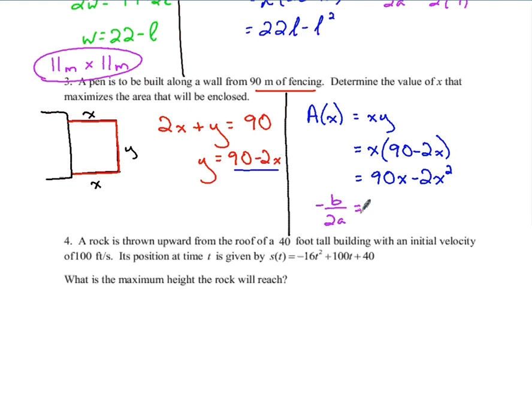So b, that'd be the coefficient on the x term here, that's 90, negative 90, over 2 times a, that's the coefficient on the x squared term, so that's negative 2. All right, calculating that out, what do we get? We get 45 halves if we reduce, right? Or you could say 22.5, that'd be acceptable.